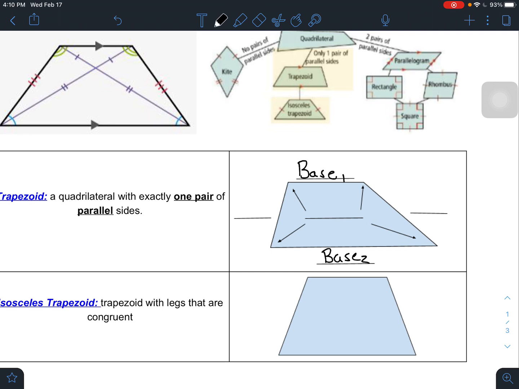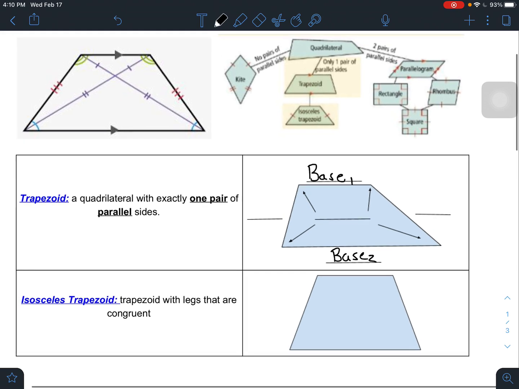Just so you can understand, those are the parallel sides of our trapezoid. They are both called bases. It's not just one base like a triangle might have, or other figures. It's not just the bottom, right? This one has two bases.